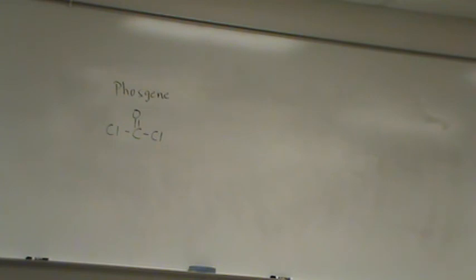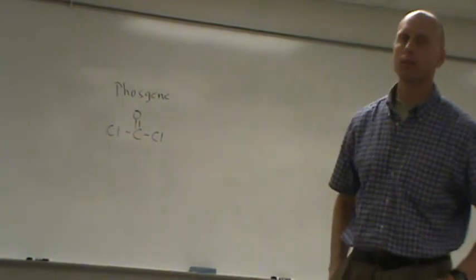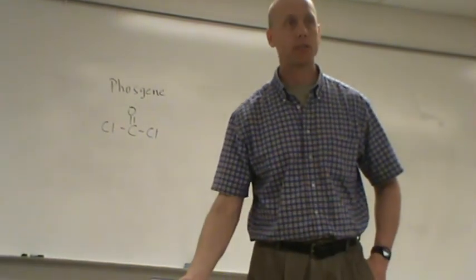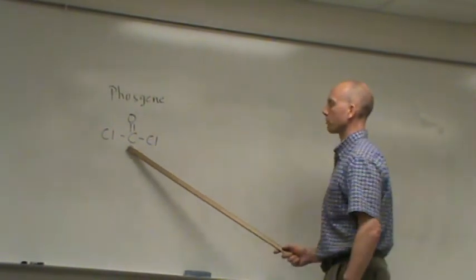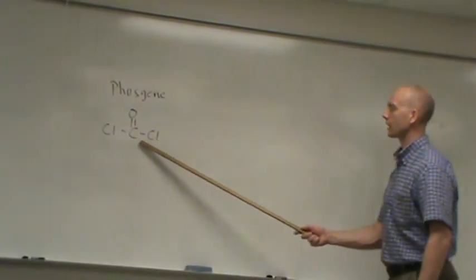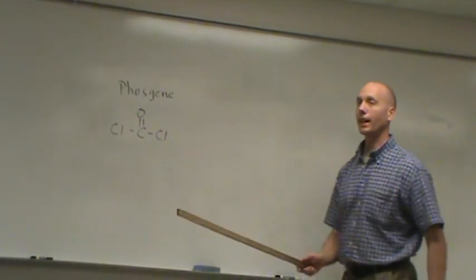Would you predict phosgene to be very reactive or not very reactive? Very reactive, okay? Because here, remember the carbonyl is delta plus, and I got a destabilization here and a destabilization there.